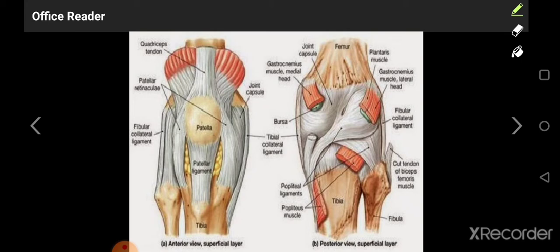On the posterior aspect, the fibrous capsule is deficient on the tibial side because it is giving passage to the popliteus muscle. So this is the popliteus muscle. Here the fibrous capsule is deficient, and anteriorly the fibrous capsule is deficient on the anterior aspect of tibia because of this patellar ligament. So this is the patellar ligament.